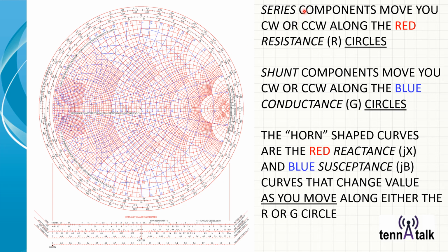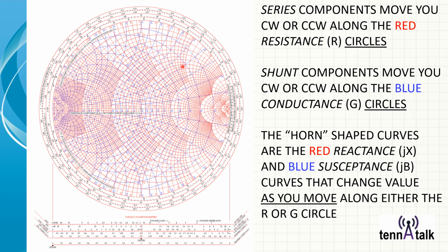Series components will move you clockwise or counterclockwise along the red resistance circles, because as I said, series components give you resistance. Okay, so that's the red circles. So if I were to move along a constant 50 ohm resistance circle, I'd be moving clockwise or counterclockwise along the 50 ohm resistance circle.